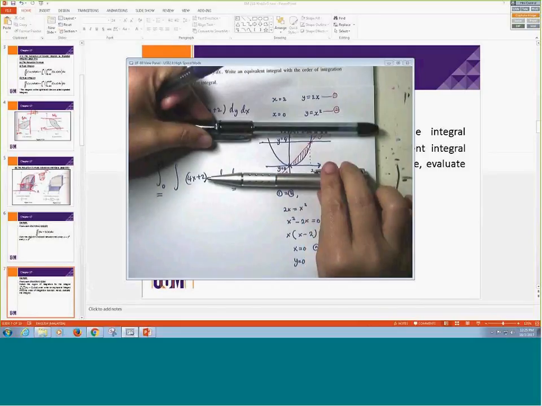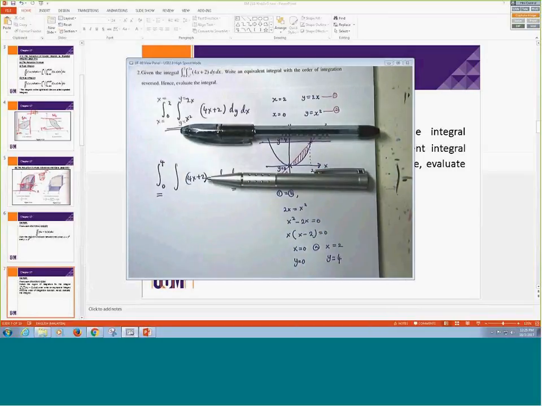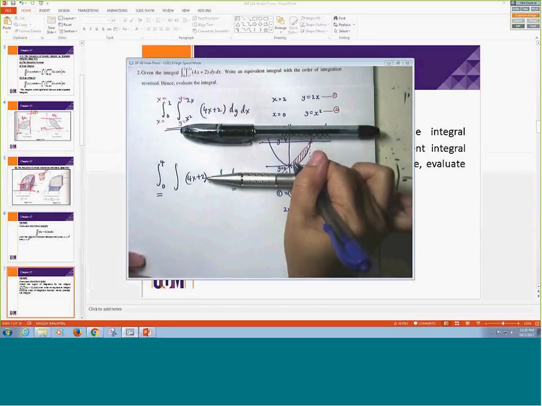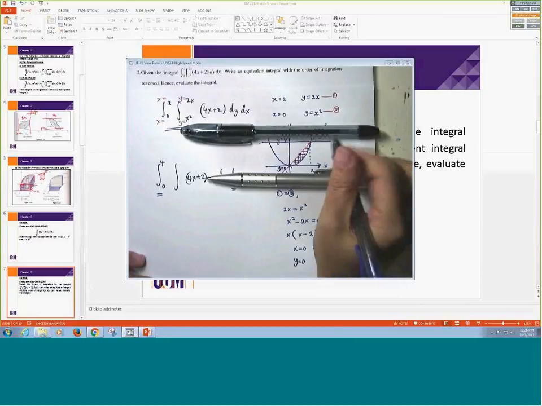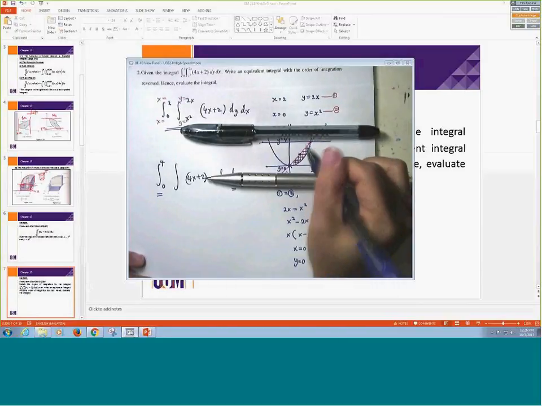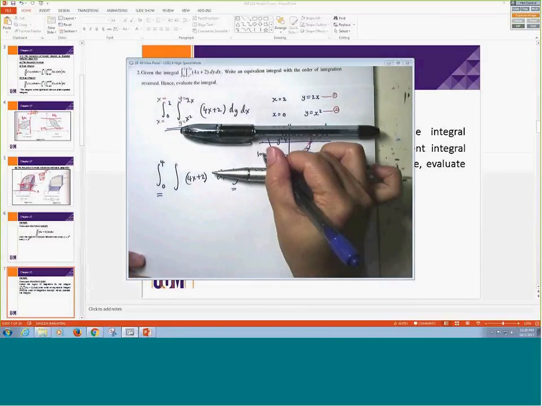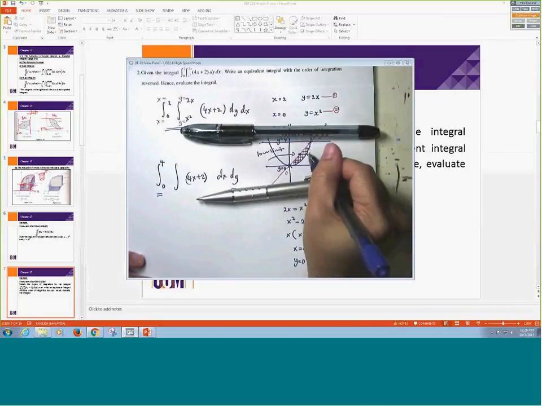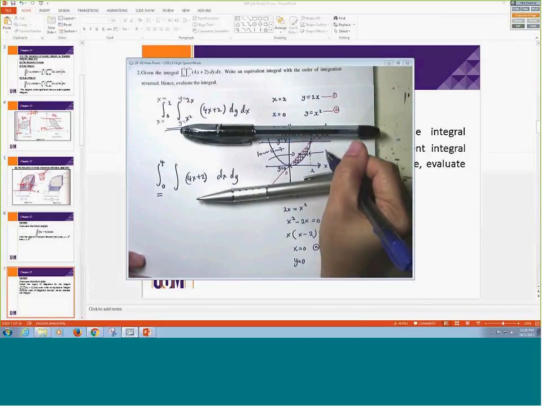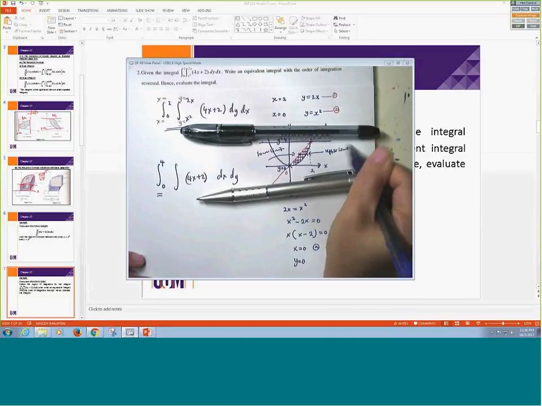Now we need to determine the x functions. We will look at it horizontally. If the line goes horizontally, it will enter at this point and then exit at that point. So the lower limit will be the left-hand side and the upper limit will be the right-hand side. What is the function?